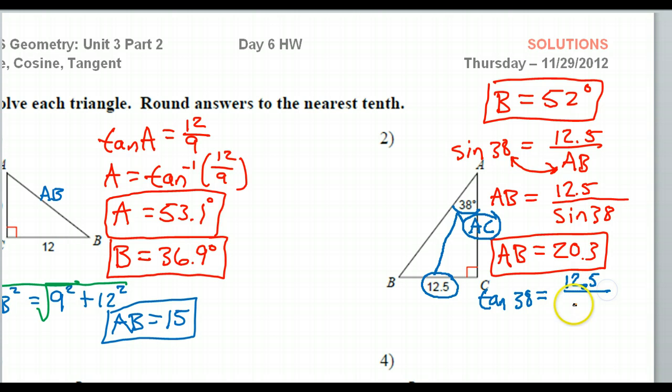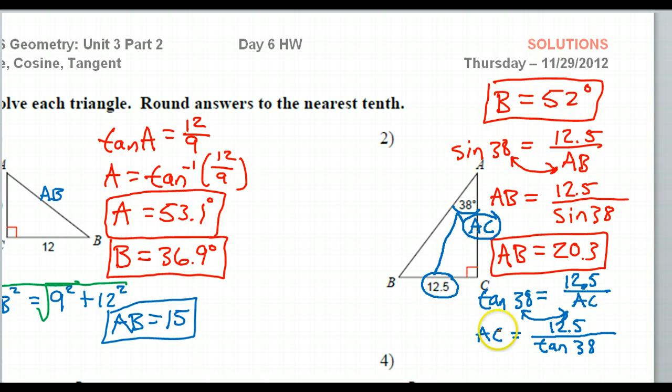over adjacent. Again, the variable is in the denominator, so I'm going to do this reversal. That's going to give me that AC is equal to 12.5 divided by tangent 38.